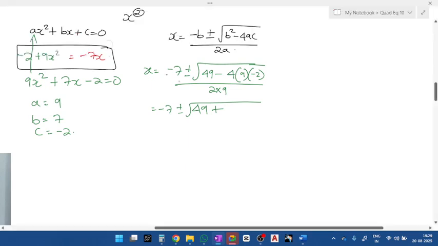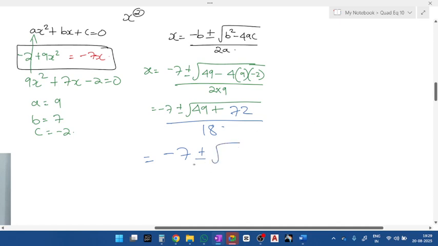Okay, what's the answer for this? Plus 4 2s are 8, 8 9s are 72, divided by 18. Minus 7 plus minus. Add 49 plus 72, students.